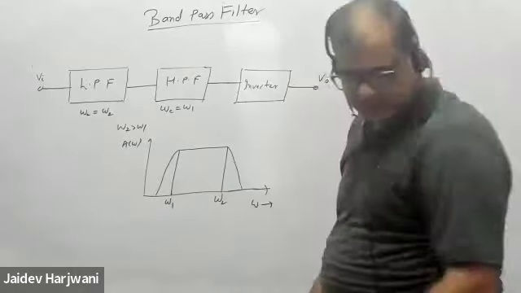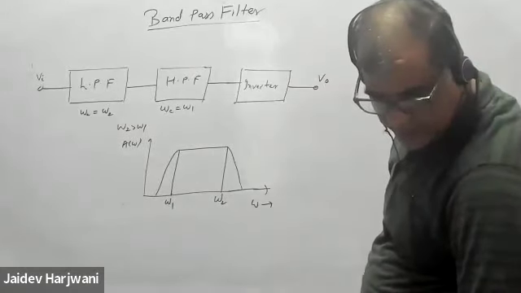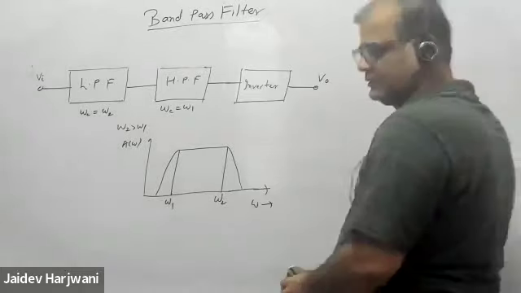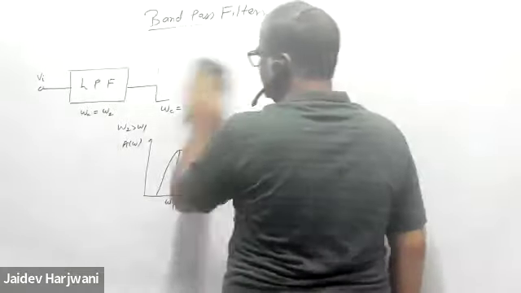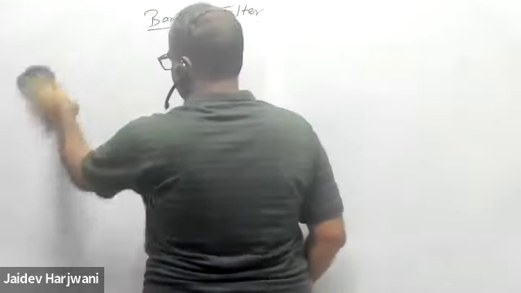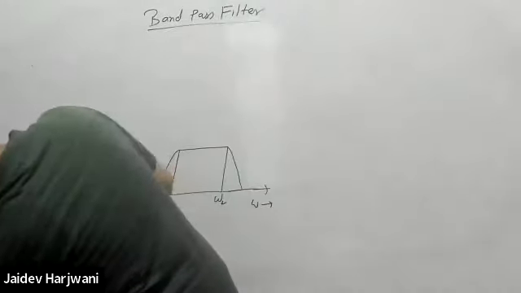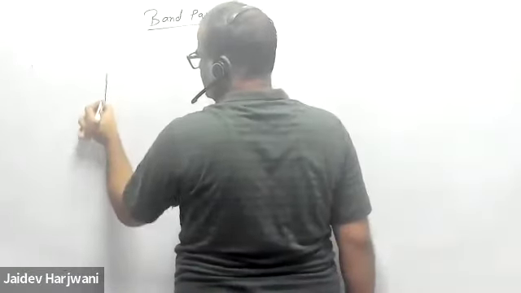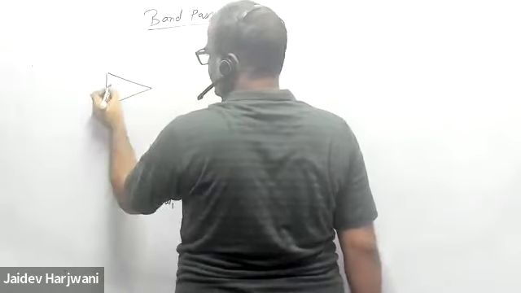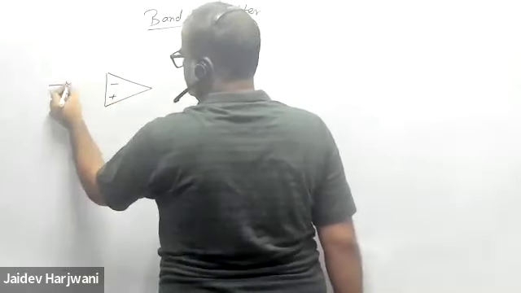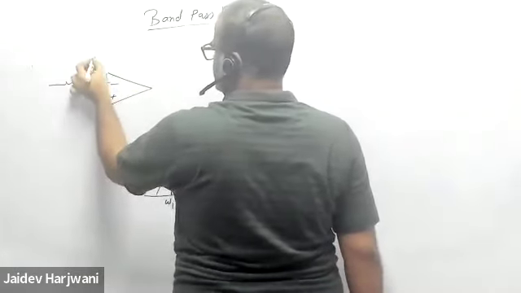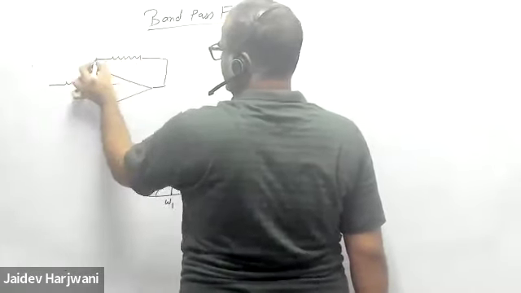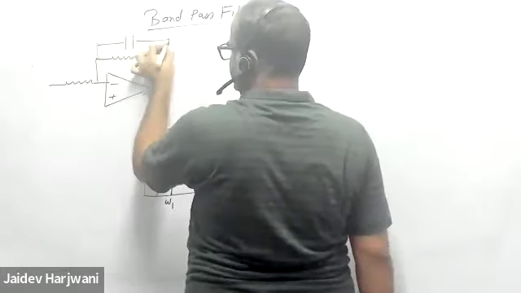So I'm erasing this one. Let us first draw the low pass filter. So what is a low pass filter? An op amp with minus and plus inputs, and this is C here.